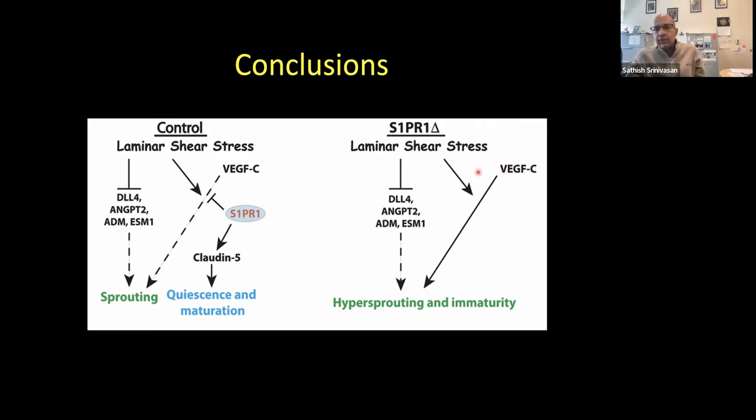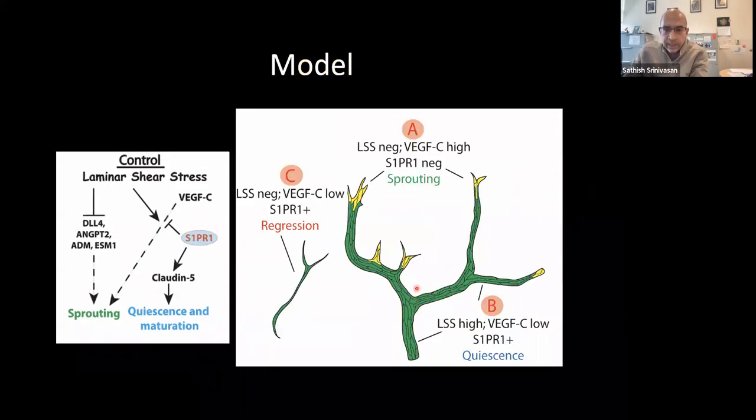But on the other hand, if you don't have S1PR1, then laminar shear is enhancing this MAP kinase pathway, and that is causing the hypersprouting of endothelial cells, specifically in our context, the lymphatic endothelial cells. And once again, we can model it here. In the tip cells, we don't have S1PR1.